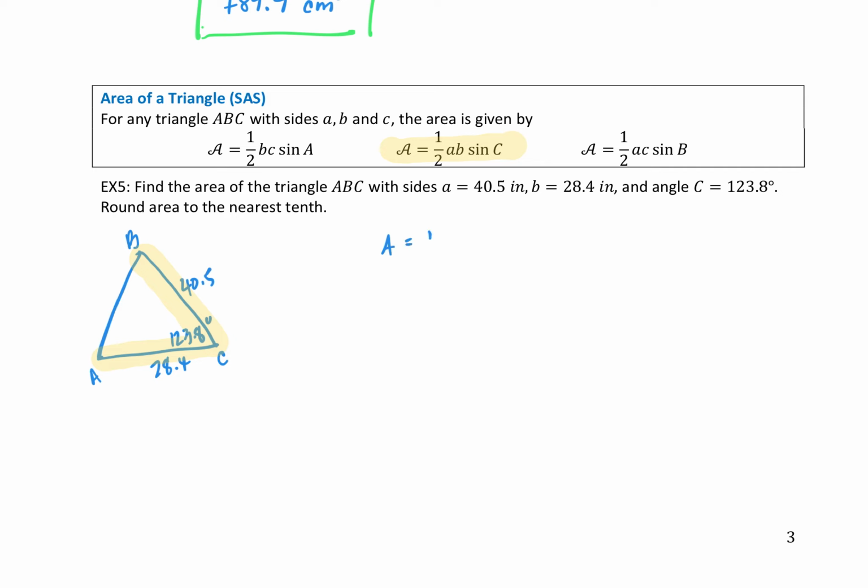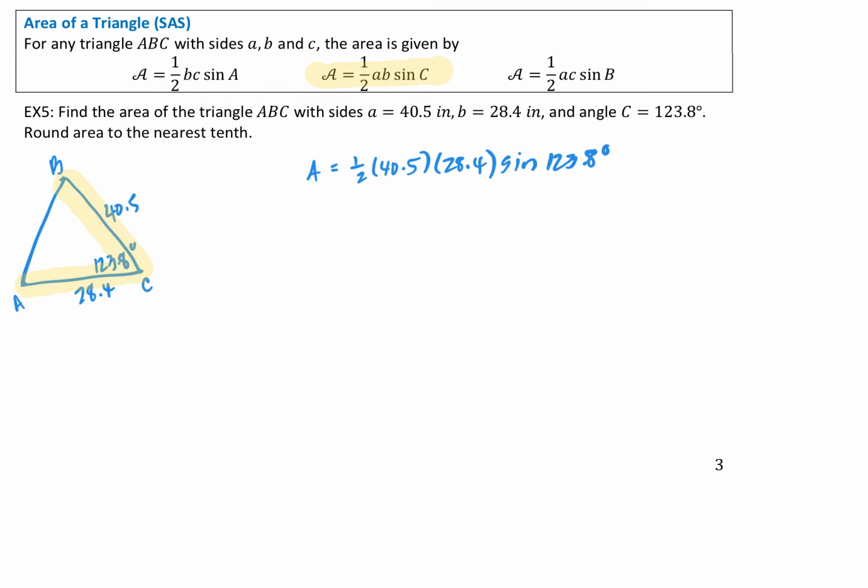So your area is going to be 1/2. Side A was 40.5. Side B was 28.4. And then multiply it by sine of 123.8 degrees. Stick the whole thing in a calculator, and you would get 477.8991683.